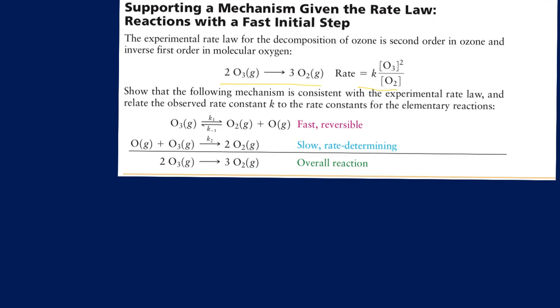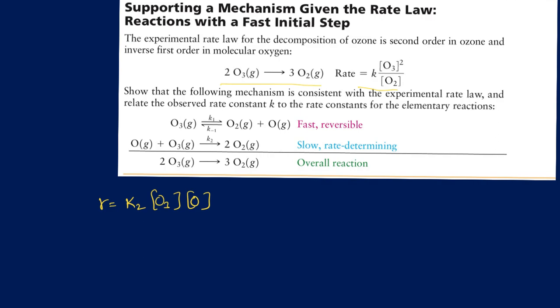So the first step is a fast step, the second step is the rate determining step. From 1 and 2 we get the overall reaction. Always, the rate law we determine from the slow step. Therefore, now I am writing rate is equal to K2 O3 concentration, O concentration.